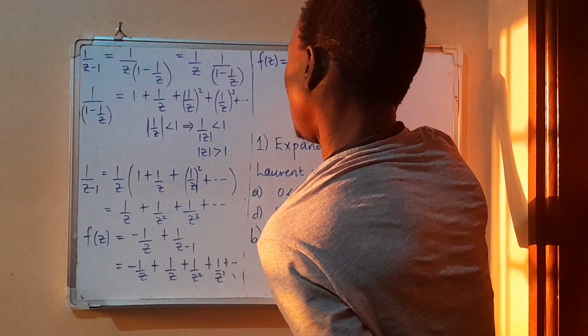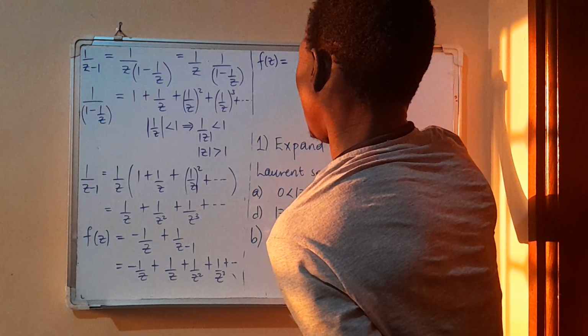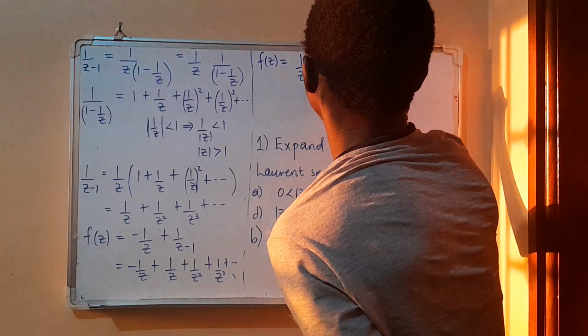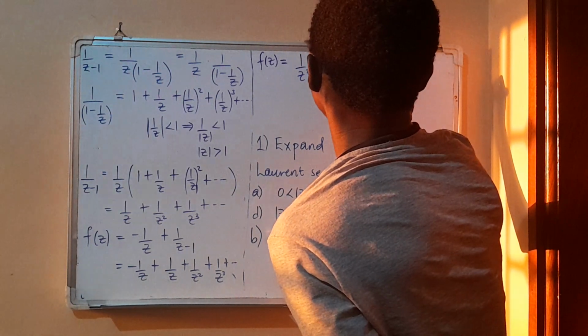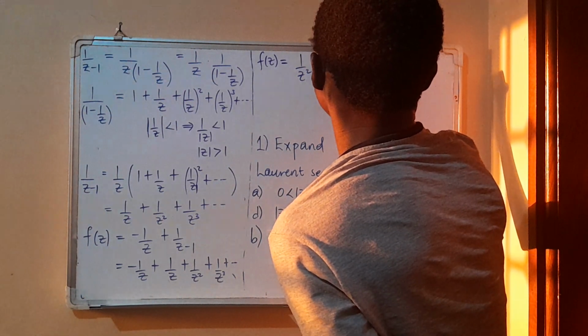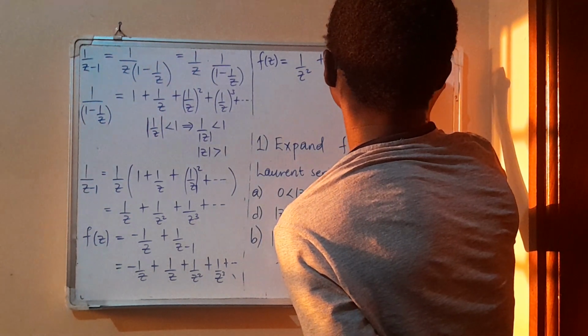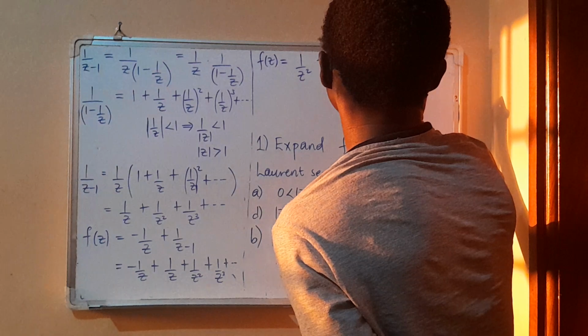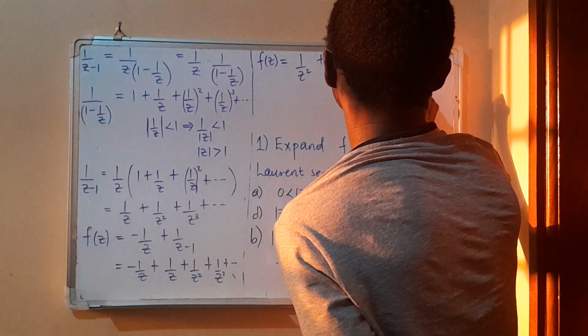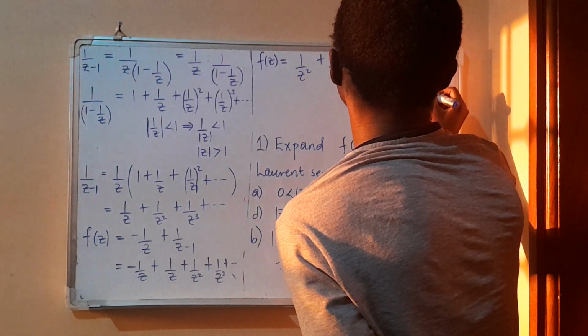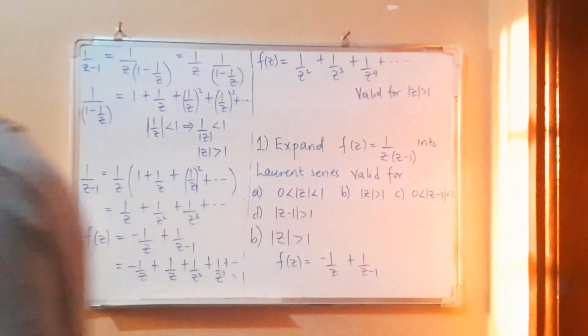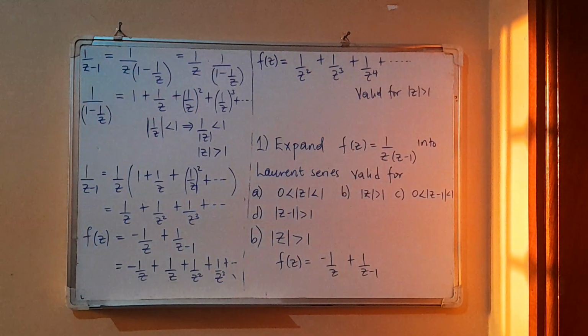So f of z is equal to 1 over z squared plus 1 over z to the 3, 1 over z to the 4, plus... This is valid for absolute z greater than 1.